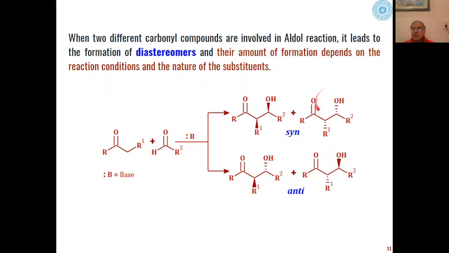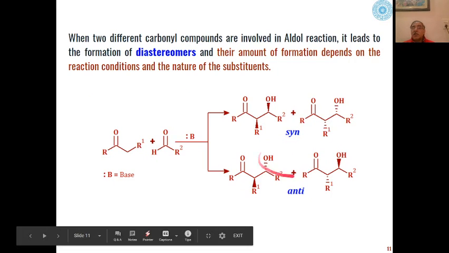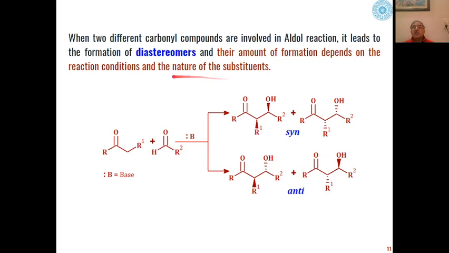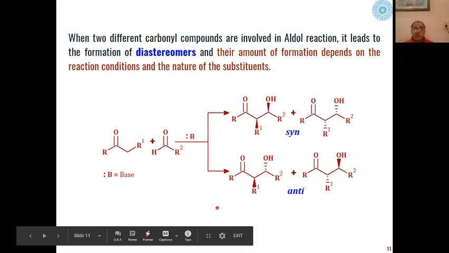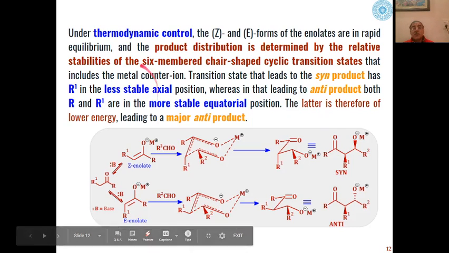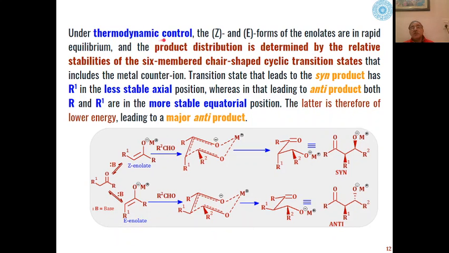How much of these syn or anti diastereomers are formed depends on reaction conditions and nature of the substituent. And again, as you have seen in the previous slide, the reaction condition and nature of substituent means whether the reaction is controlled by kinetic control or is under thermodynamic control.